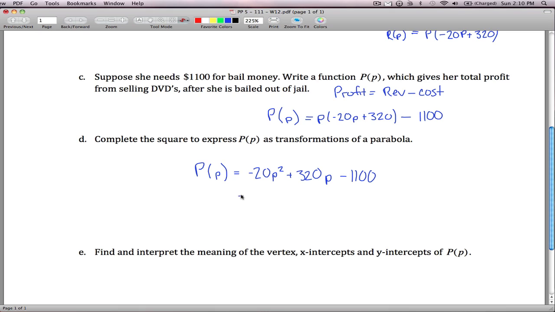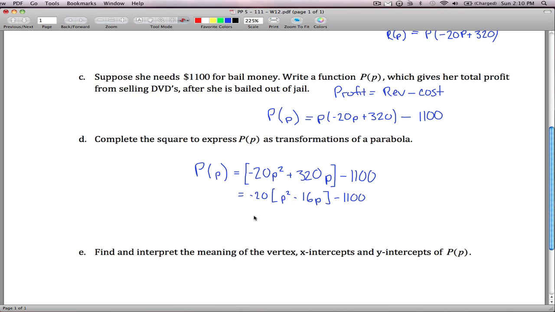Now we got to complete the square on this. So let's see, maybe if I throw brackets in up here, I can factor out a negative 20. And then what I'd have left in my brackets would be p squared minus, careful there, 16p minus 1100.